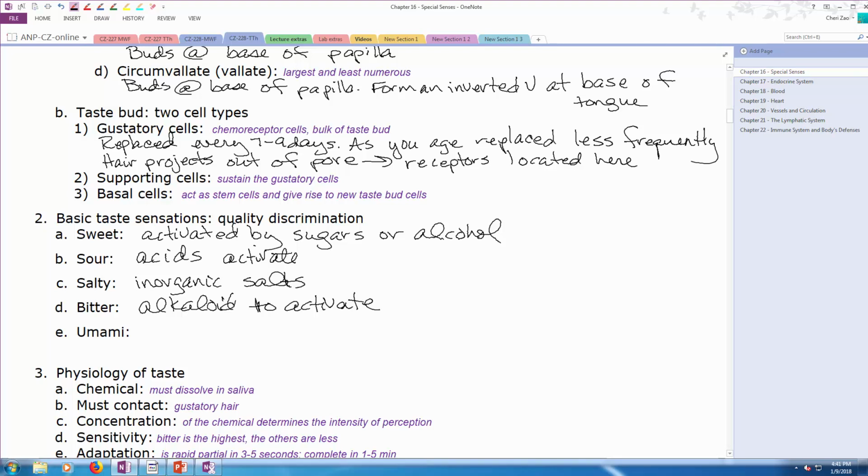And they respond to amino acids, especially glutamate. And we even like the glutamate activation of umami receptors so much that we have created a salt shaker of MSG, monosodium glutamate.